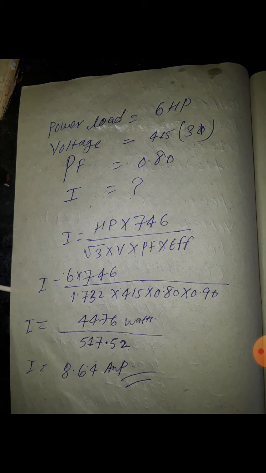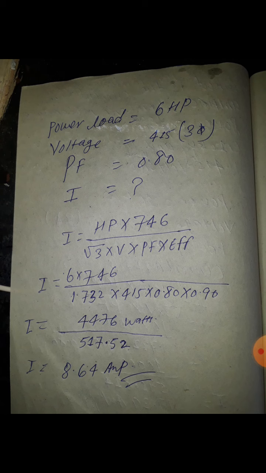Another motor is given in HP. The power load is given in HP: one motor of 6 HP, with the same voltage of 415 volts and a power factor of 0.80. How many amps is it?